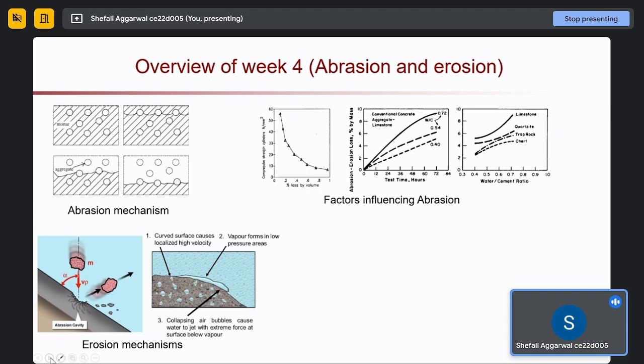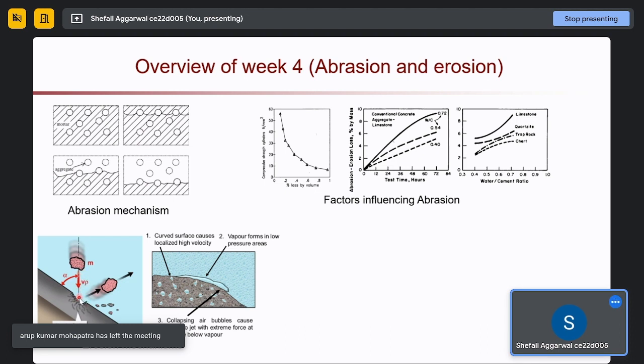So next is erosion. What is the difference between abrasion and erosion? Can anybody tell? The main difference between abrasion and erosion is that in abrasion the complete layer is removed, and erosion is because of impact.